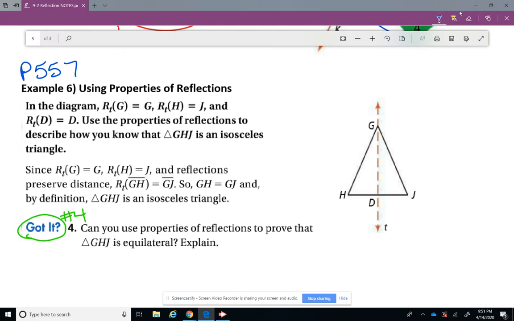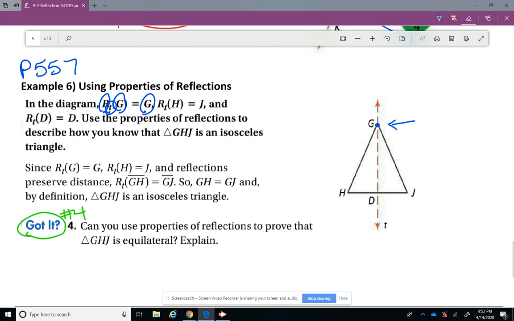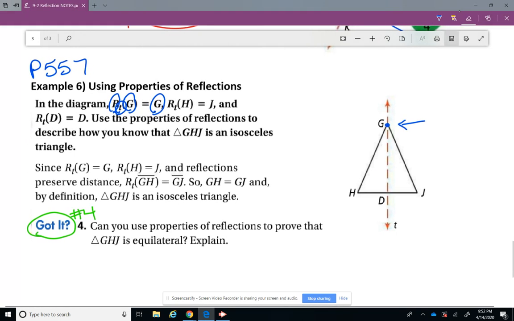In the diagram, a reflection of G over line T gives me G. So see right here, look. When the point is on the line, you don't really reflect it. It really is what it is. It's itself. It's all right.